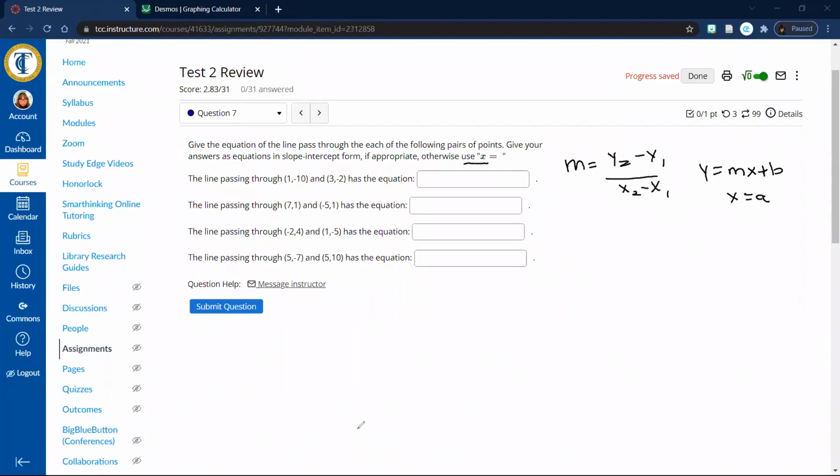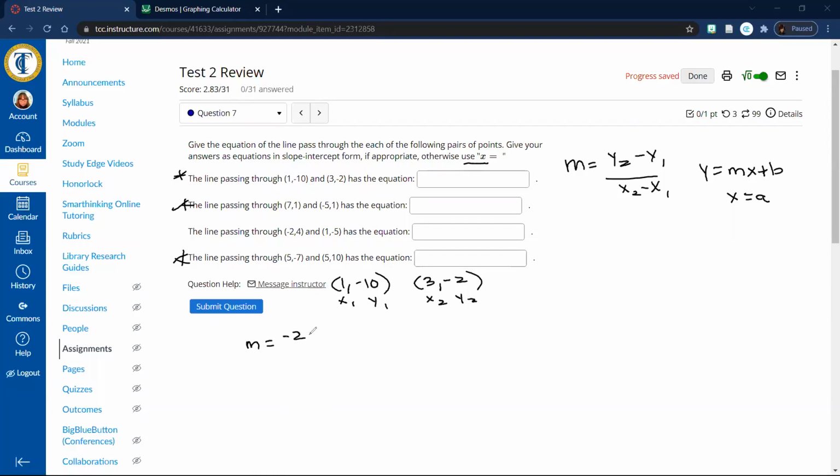So let's see. I'd like to do this one, and this one. So start with the first one. So we have 1, -10, and 3, -2. So x1, y1, x2, y2, right? So now it's just a matter of setting it up.